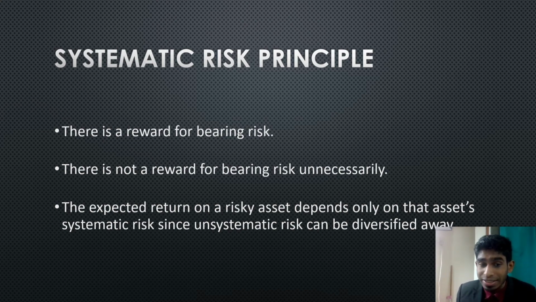Bearing risk ada, tapi not for unnecessary things. So the expected return on a risky asset depends only on the asset's systematic risk, since unsystematic risk can be diversified away. Unsystematic risk itu kita boleh diversify, kita boleh eliminate like that.